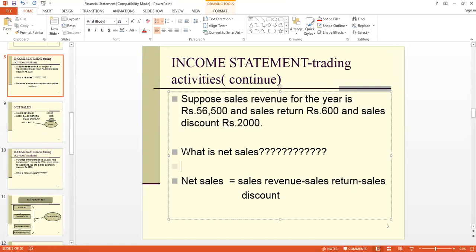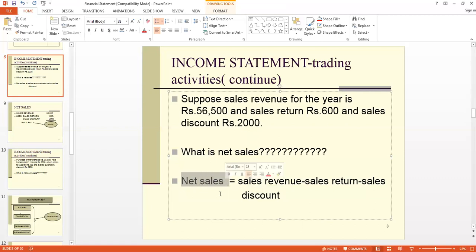If question is asking you to find out net sale, then student, you can use this formula. Take sales revenue minus sales return and sales discount. So if you take sales revenue value, you minus from that value sales return 600, and then you also deduct sales discount of 2,000, then you can find out net sales.